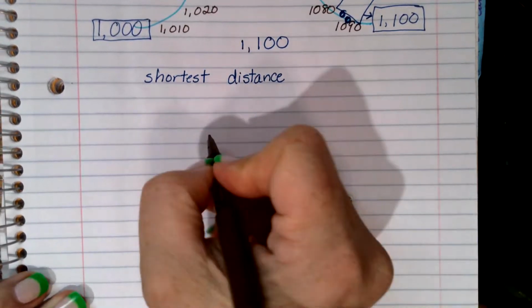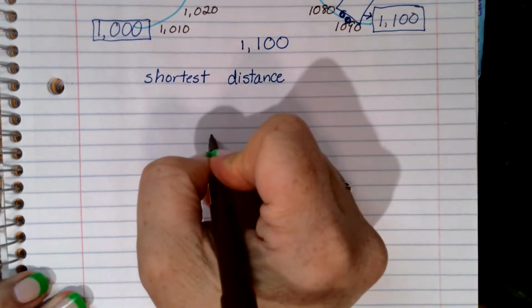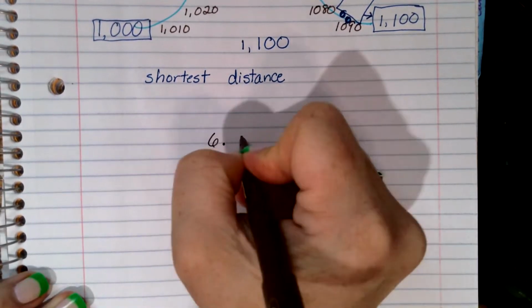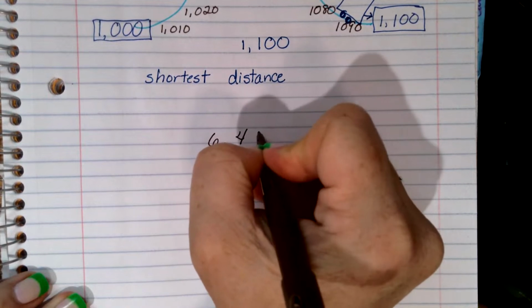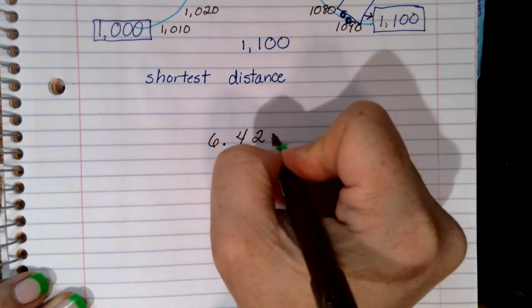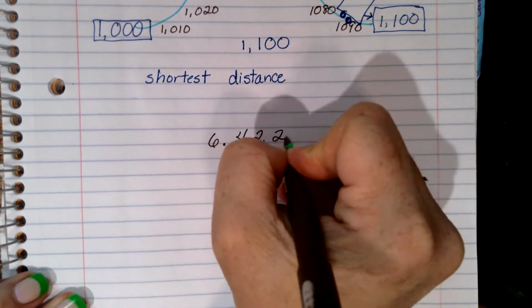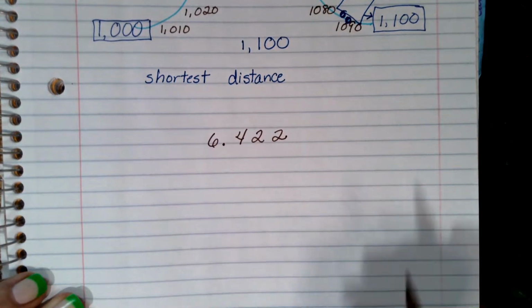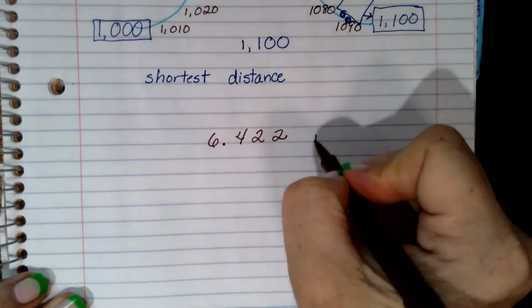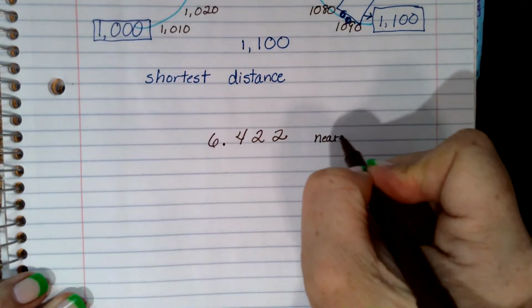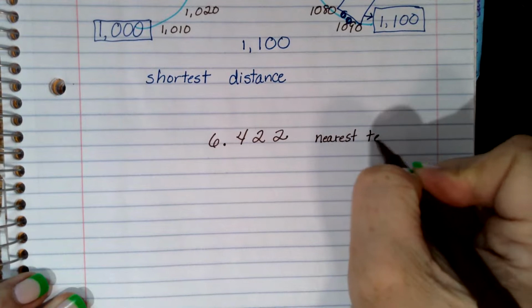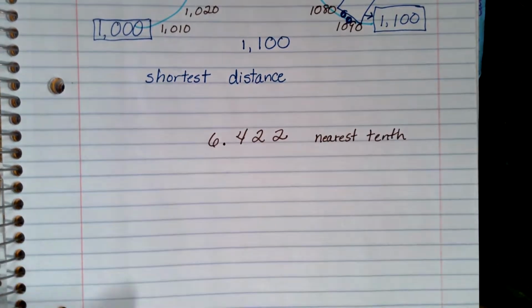If we have 6 and 422 thousandths, and we're going to round to the nearest tenth. I was doing so good too.